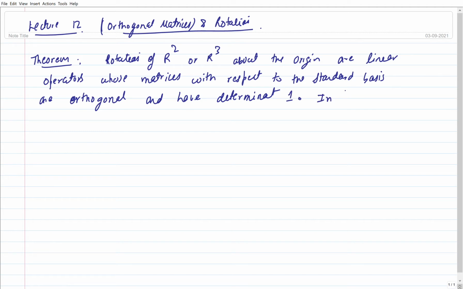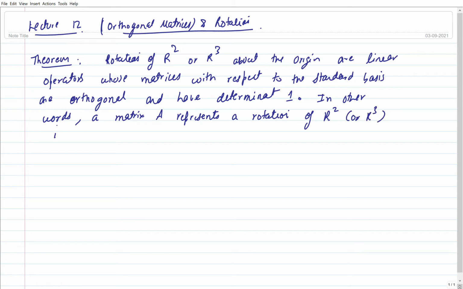In other words, a matrix A represents a rotation of the plane or in 3D if and only if A is an element of SO2 or SO3.